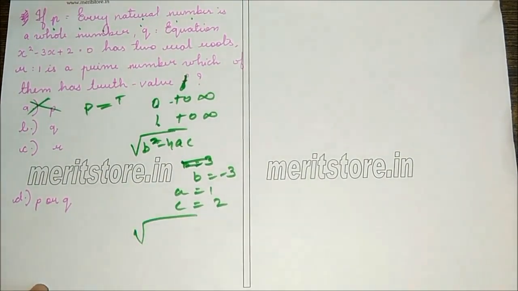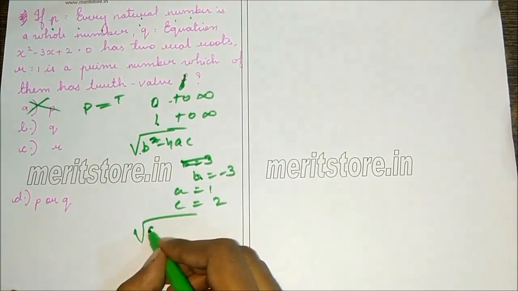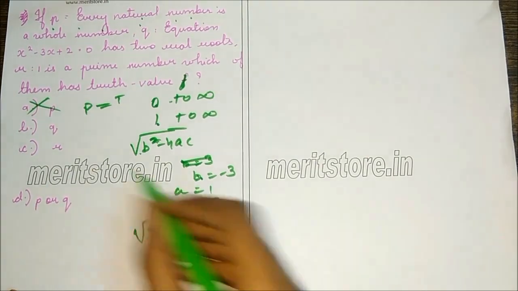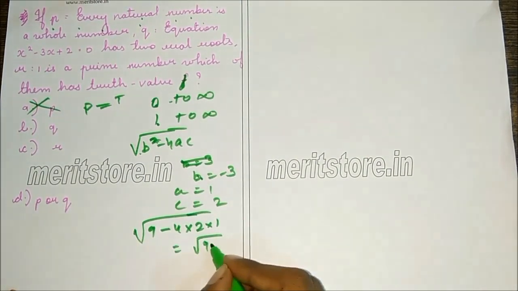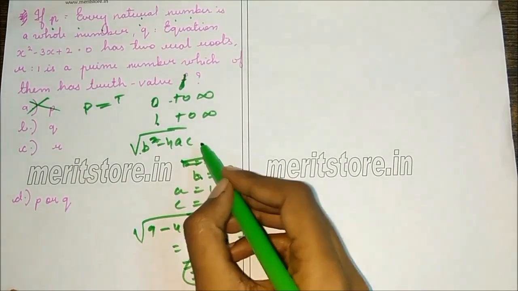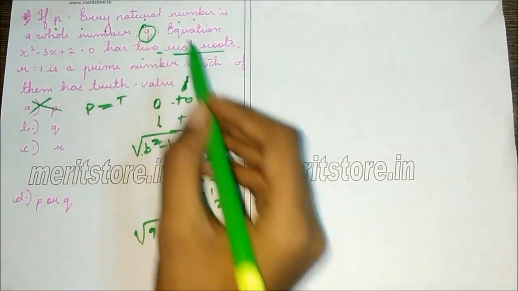So b square minus 4ac is minus 3 square, which is 9, minus 4 into 2 into 1. So this is 9 minus 8, which is 1. So 1 is greater than 0. Therefore, we can say both the roots are real. So Q is also true.